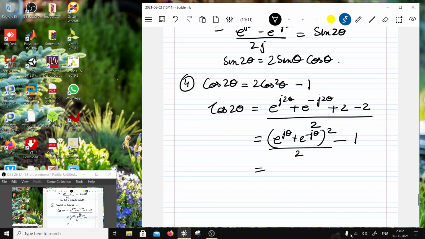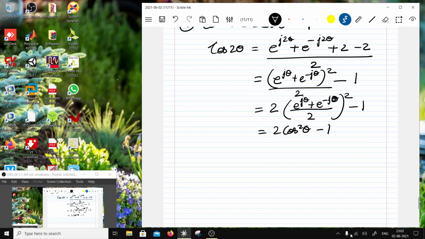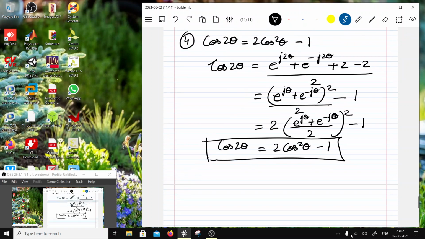So this can be written as twice of e raised to j theta plus e raised to minus j theta divided by 2, whole square. Now this becomes 4 inside the bracket, minus 1. So this is going to be twice of cos square theta minus 1. So cos 2 theta is 2 cos square theta minus 1, right?